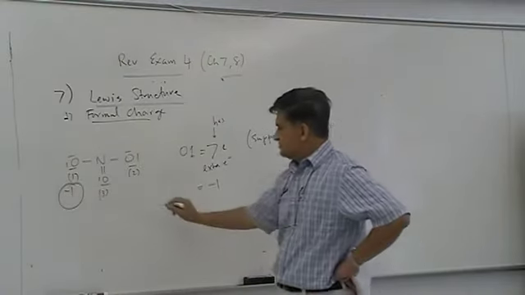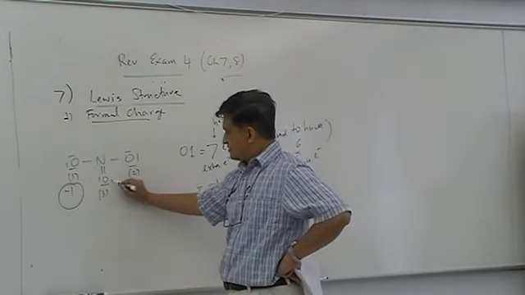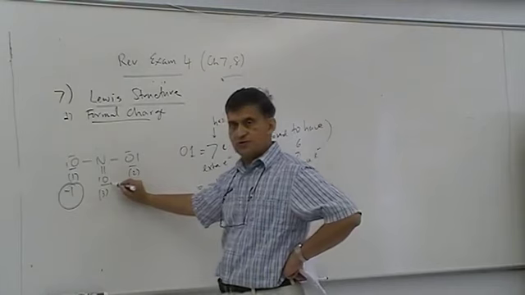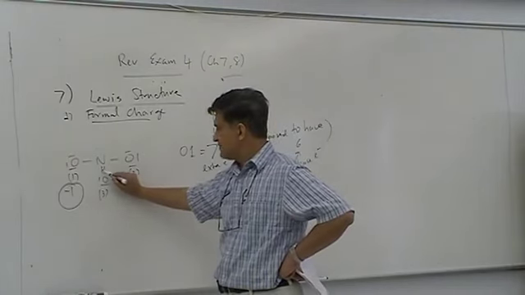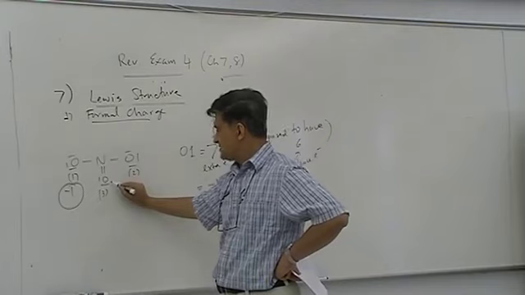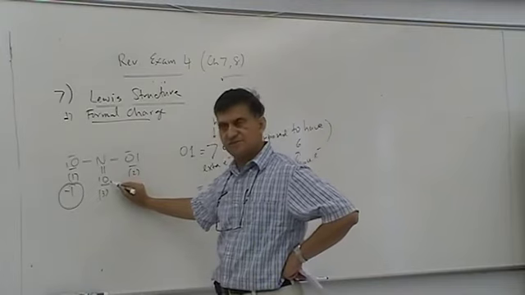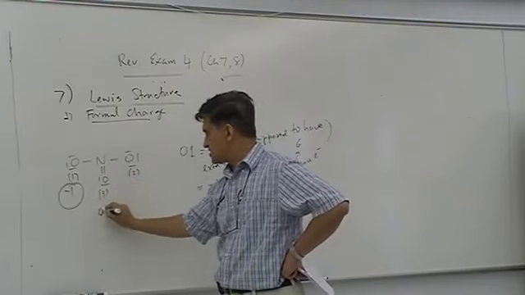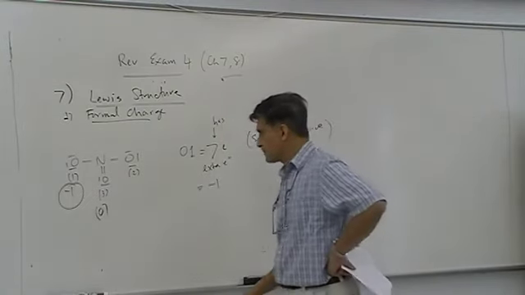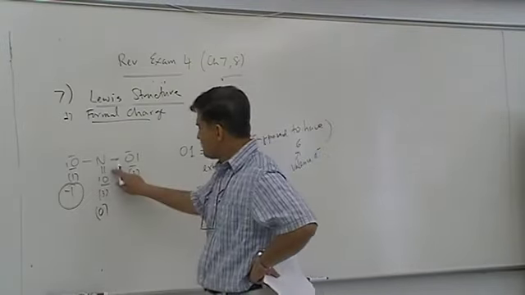Now let's count this oxygen, oxygen number 3. 2, 4, solely on oxygen. And half of these, 5, 6. So this oxygen has 6 electrons, and it is supposed to have 6. So the charge is 0. There is no extra electron. Now let's focus on nitrogen.